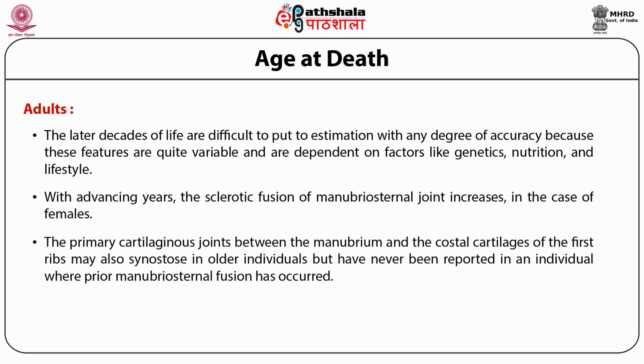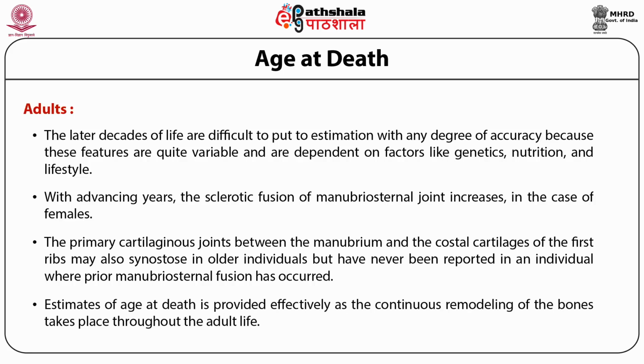The primary cartilaginous joints between the manubrium and the costal cartilages of the first ribs may also synostose in older individuals but have never been reported in an individual where prior manubriosternal fusion has occurred.